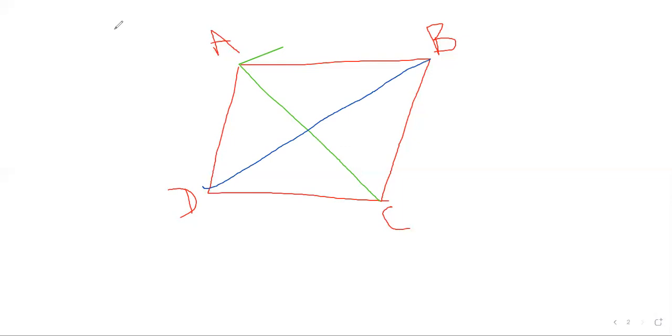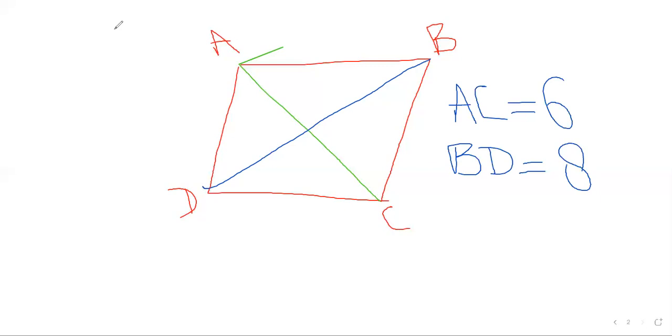The length of AC is equal to 6. The length of the other diagonal, that is BD, is also given, that is 8.